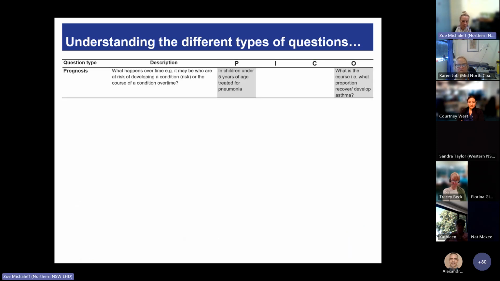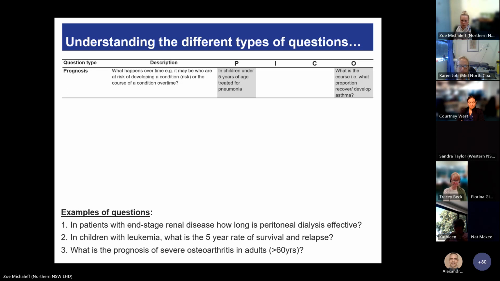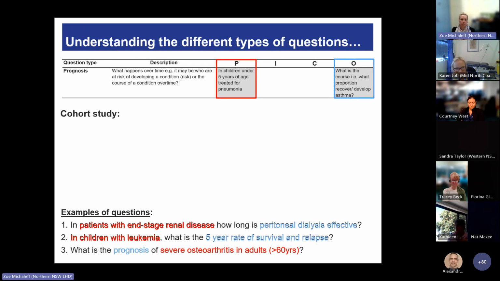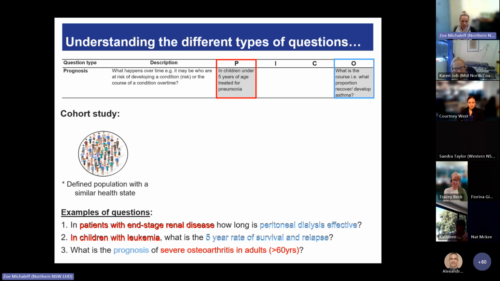If your question relates to prognosis, so again, what happens to people over time, or what's the course of their condition, you need to define the population and the outcome. And the best primary study design to answer questions of prognosis is the cohort study.